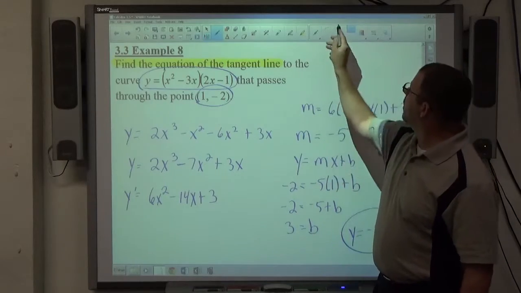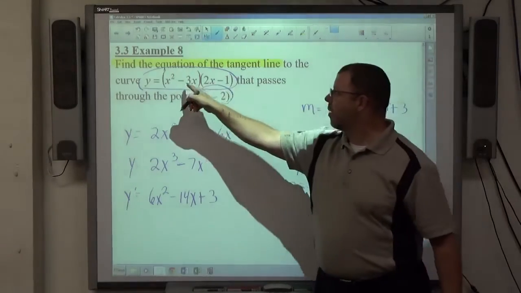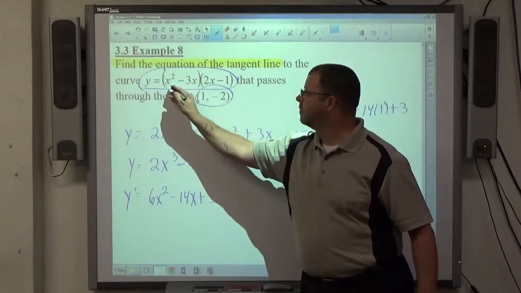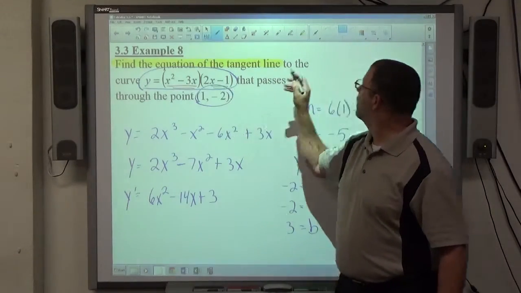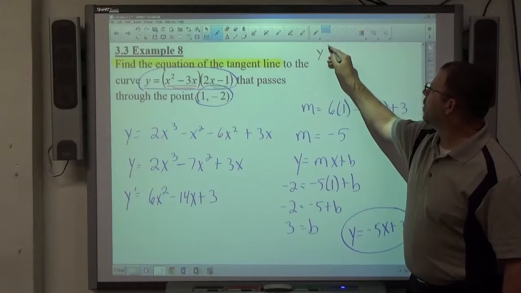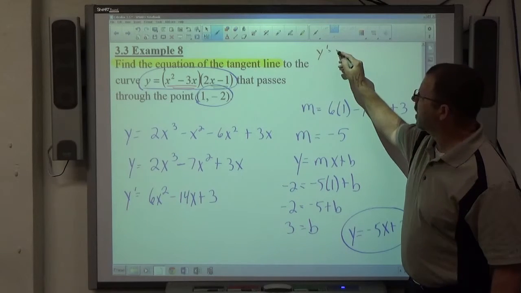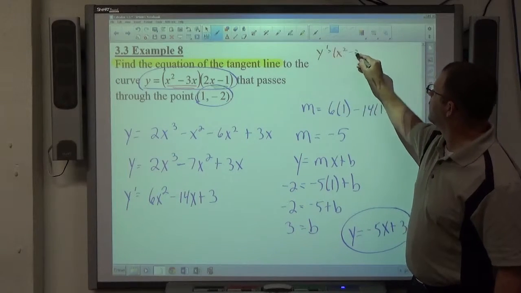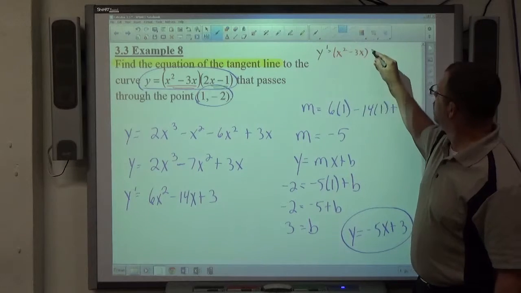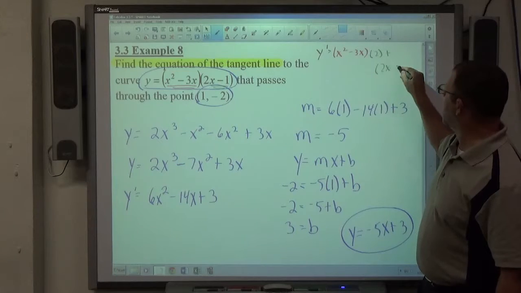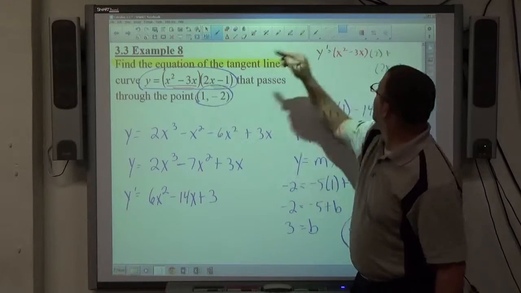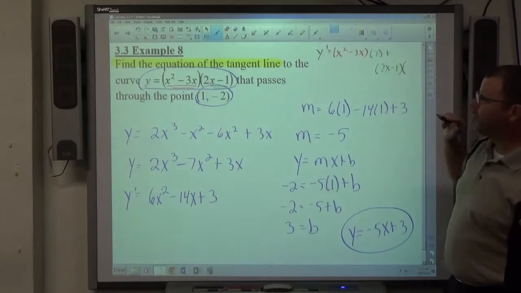One other thing I want to mention about this, if I wanted to do the product rule here, function 1, function 2, take a look at what y prime would be. y prime would be function 1 times d2, that's going to be (x squared minus 3x) times 2, plus function 2 times d1, that's going to be plus (2x minus 1) times (2x minus 3).